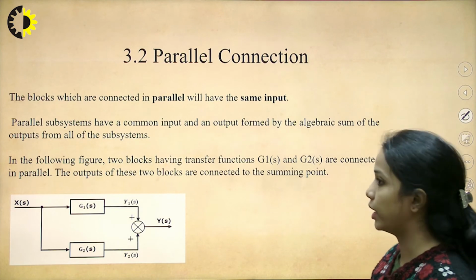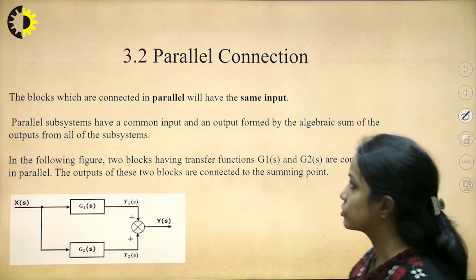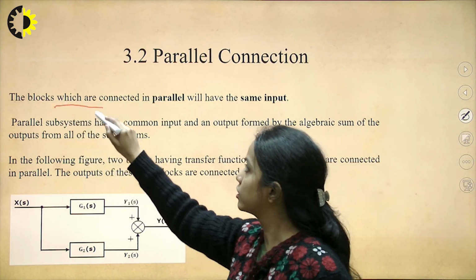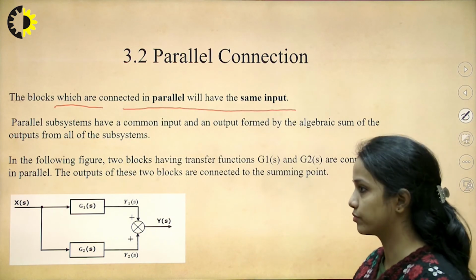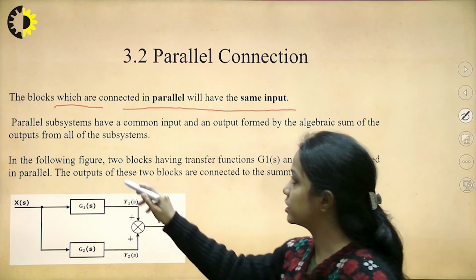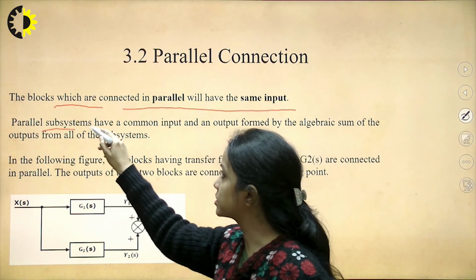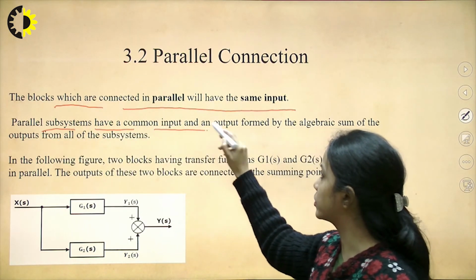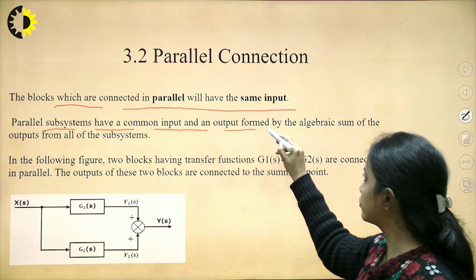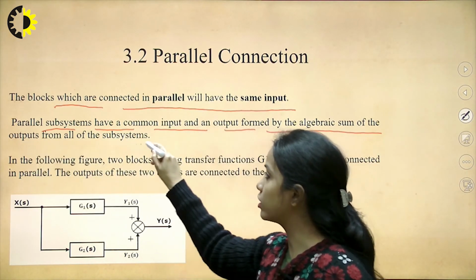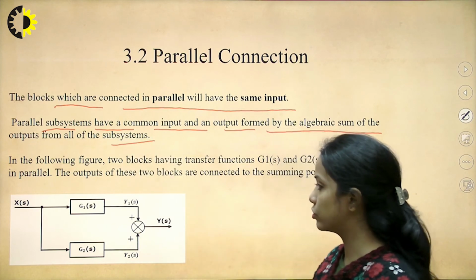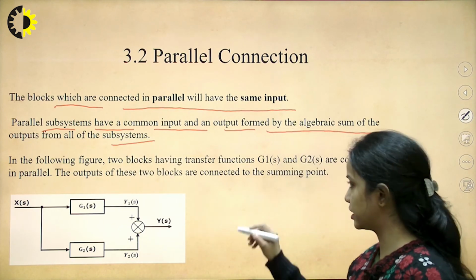Coming to parallel connection. Blocks which are connected in parallel have the same input. The parallel subsystems have a common input and an output formed by the algebraic sum of the products for all the subsystems.